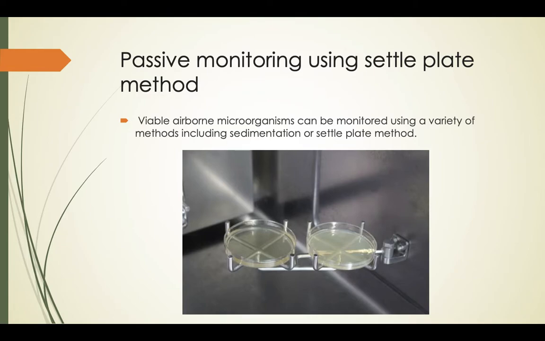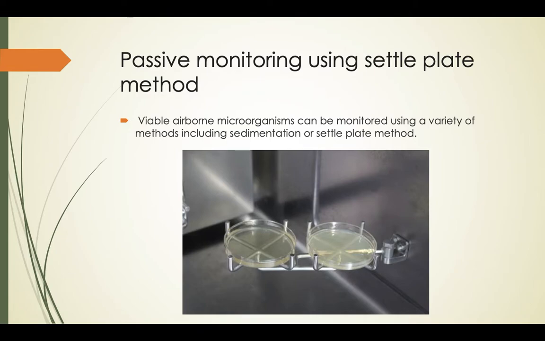Like for example, you want to monitor the microbial load of a surgery room, an operation room. In a surgery operation room, of course, there's the operating table, and if we want to know what microbes are usually landing on the operating table, we can apply the passive method, the settle or gravity plate method.